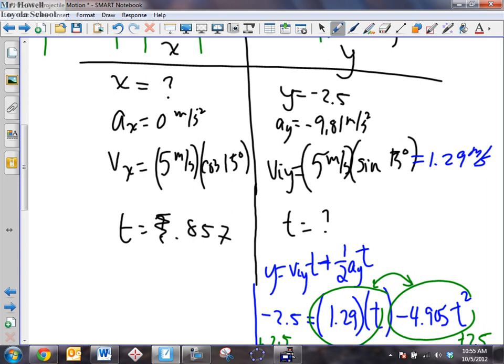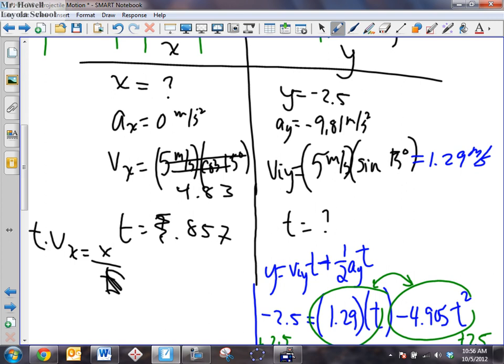And now we can find the x. Now remember, Vx is not 5. We got to do 5 cosine 15. Let me make sure I'm in degree mode. I am. So this quantity is 4.83. So I've got Vx equals x over t. Take the t, move it up.